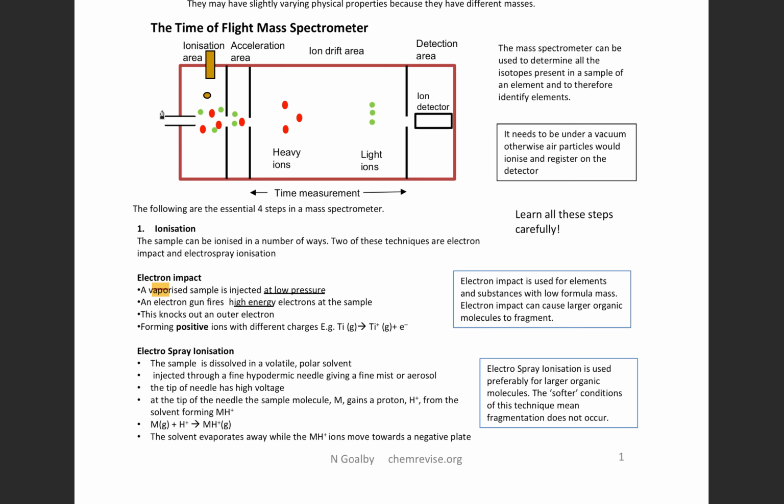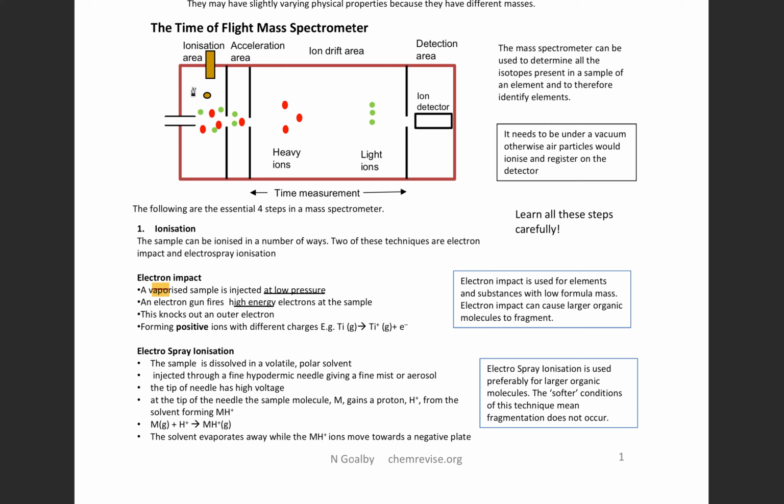Your electron gun fires high energy electrons at the sample, which is in a gas form. This knocks out an electron.